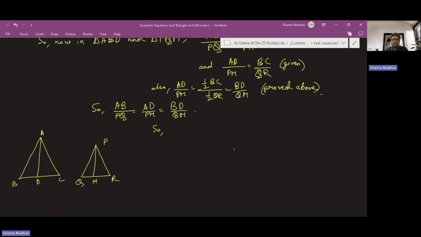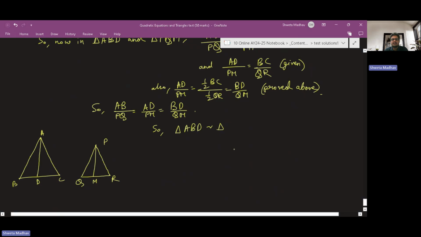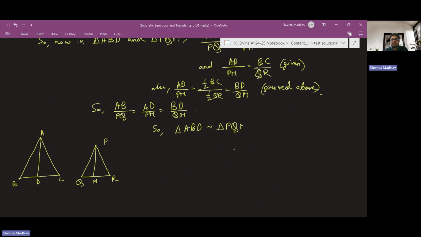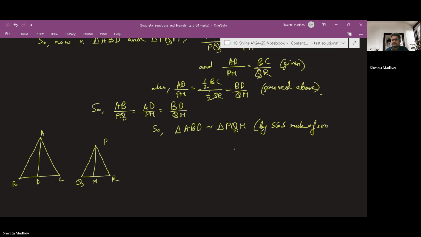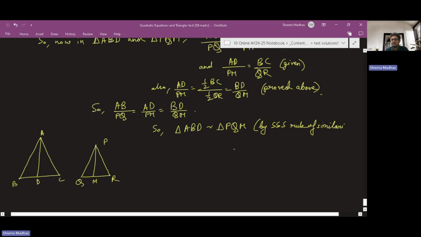So hence we can say that triangle ABD is similar to triangle PQM. How? By the SSS rule of similarity, since all three sides are proportional in these two triangles. So by the SSS rule of similarity, we have shown that these two triangles are similar.